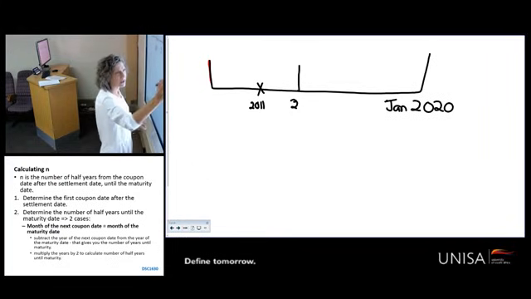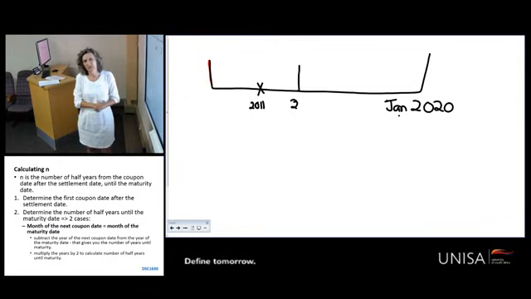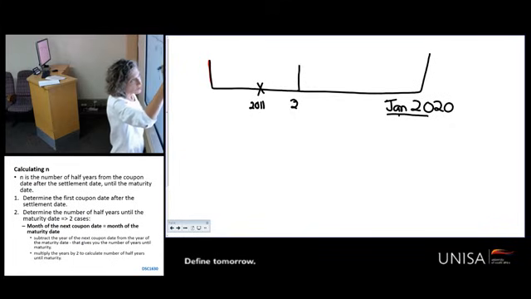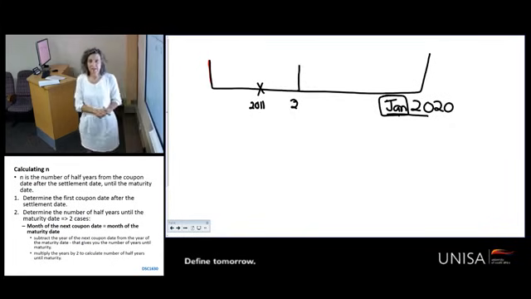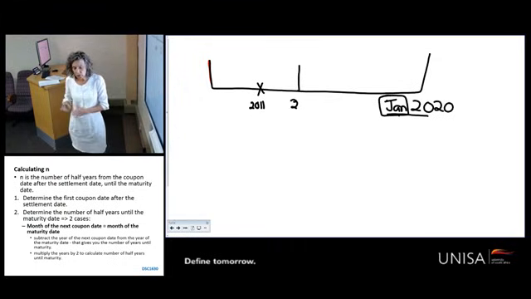How do I know that? How do I know when my coupon dates are? First thing is, your first coupon date is always the month that the maturity date is in, right? So if this date is January, every year in January you will get a coupon.